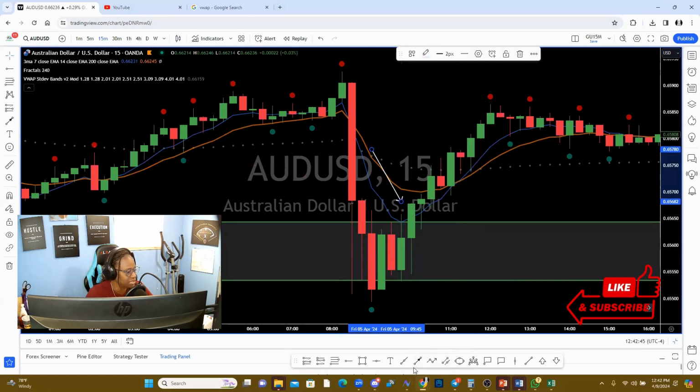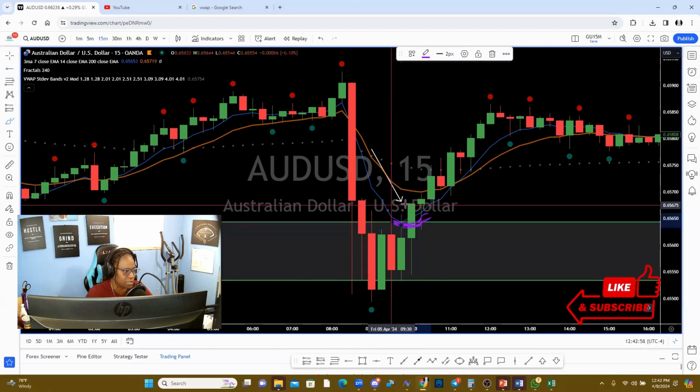But what's significant to me now is that the price, as you can see, has closed within the moving average. Can you see that? This is telling me that there's a potential shift in the trend.